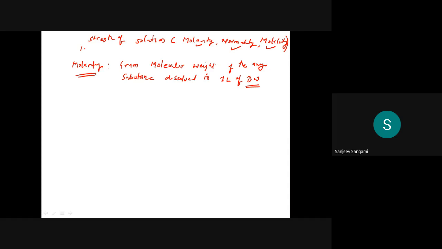So then gram molecular weight. We already explained how to calculate the molecular weight. Molecular weight is nothing but the sum of the atomic weights of all elements.